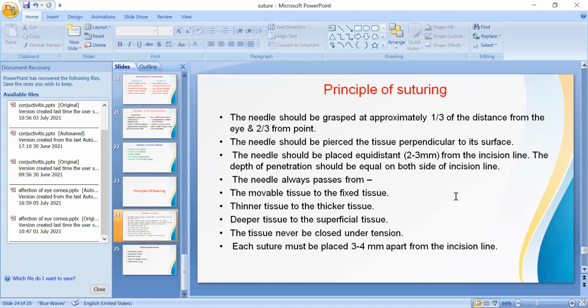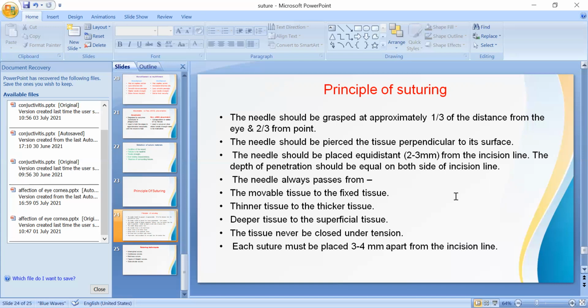Second point is the needle should pierce the tissue perpendicular to the surface. So you have to focus during suturing, that your needle pierces the tissue perpendicular to the surface.